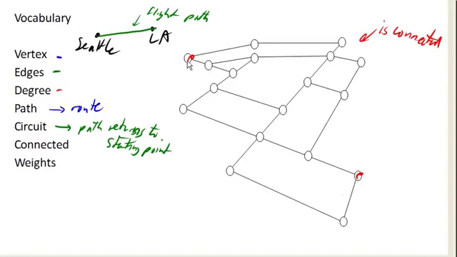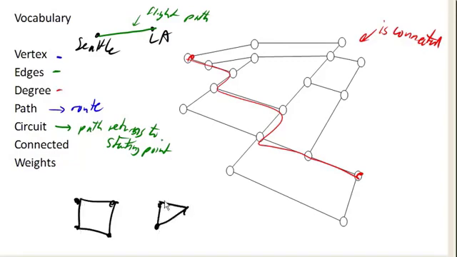In contrast, consider a graph like this, where we have 3 vertices over here and 4 vertices over here, and if I were to pick this vertex and this vertex, there is no way to get between those two vertices, and so this is not connected. And in most of what we're going to be doing in this class, we'll be looking at connected graphs, but certainly we need to consider not connected graphs.